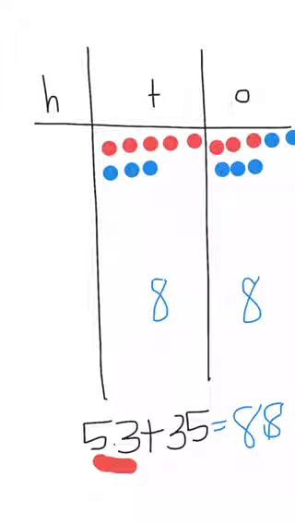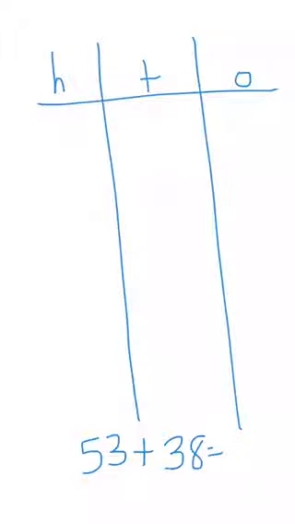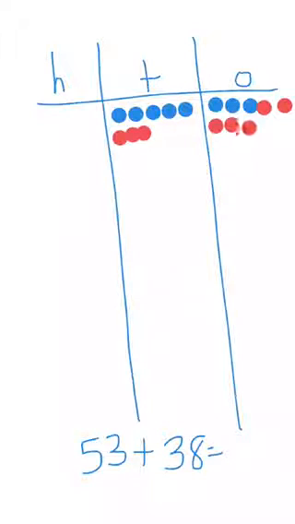Let's try a different one, and I'll show you how that would look with 10 ones. Okay, so let's say the problem was 53 plus 38. We would make the number 53 in our place value chart. 10, 20, 30, 40, 50, 5 10s, and 3 1s. And then we would make the number 38. 10, 20, 30, 31, 32, 33, 34, 35, 36, 37, 38.